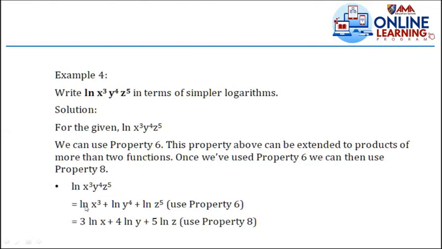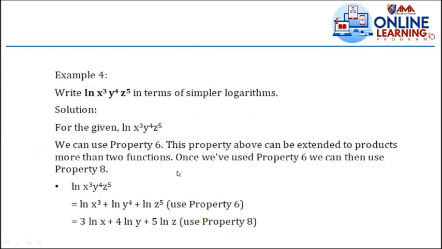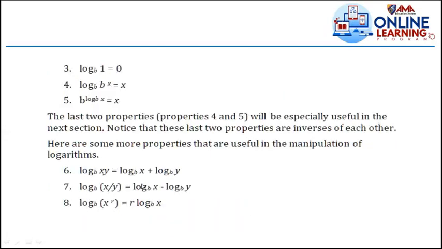So we use ln x cubed, because this is property 6, multiplication, then we're going to have addition: ln x cubed plus ln y to the fourth plus ln c to the fifth. Next, property 8: log x to the exponent r to the base b is equal to r log x to base b.